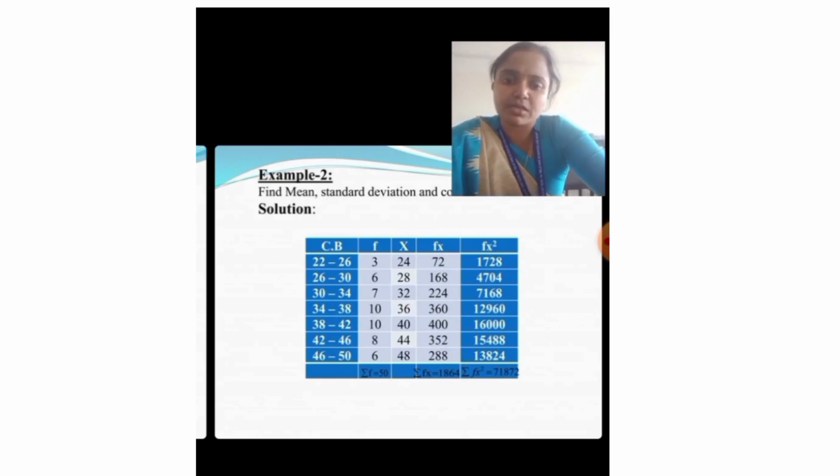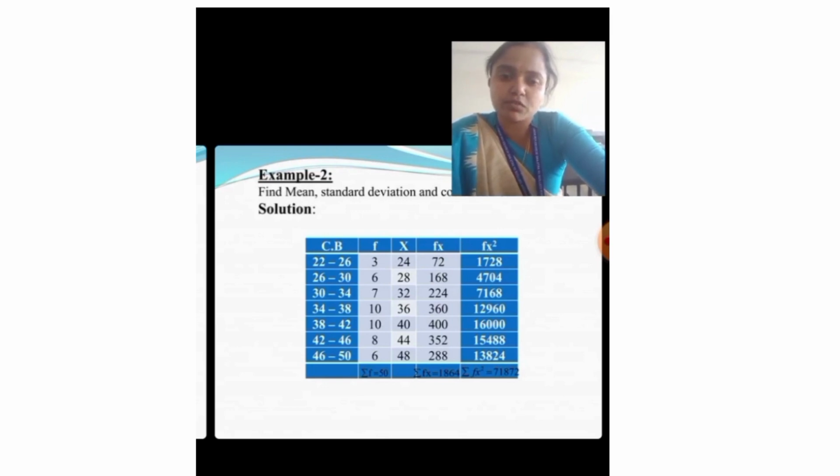We first square the x values, 24 square, 28 square, 32 square, and then multiply with f. 24 square into 3 we get 1728, 28 square into 6 we get 4704, 32 square into 7 we get 7168, 36 square into 10 we get 12960, 40 square into 10 we get 16000, 44 square into 8 we get 15488, and 48 square into 6 we get 13824.